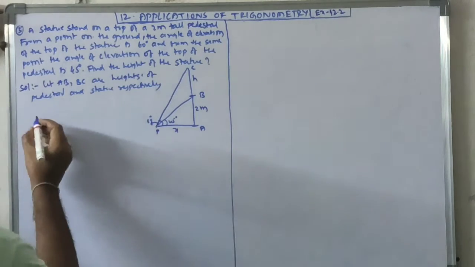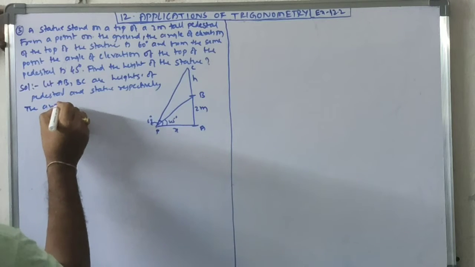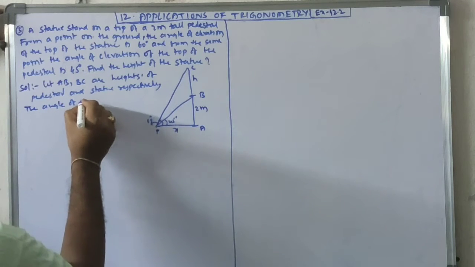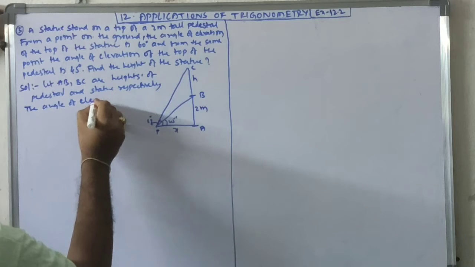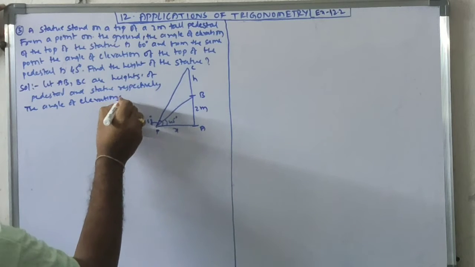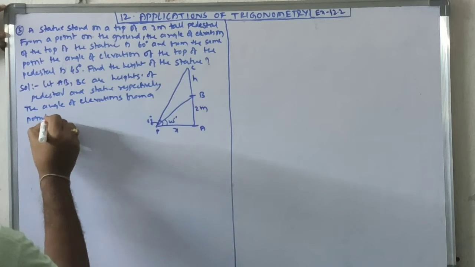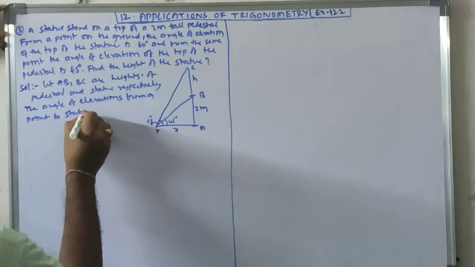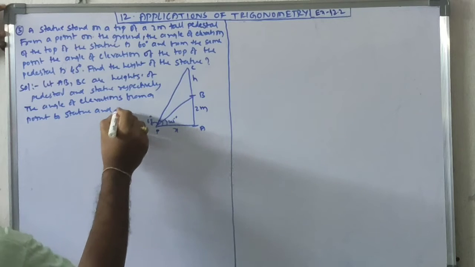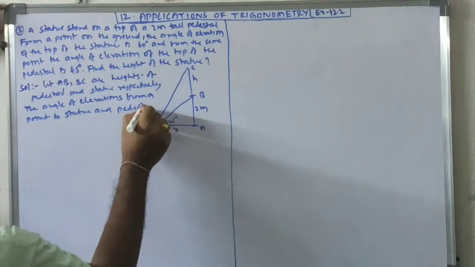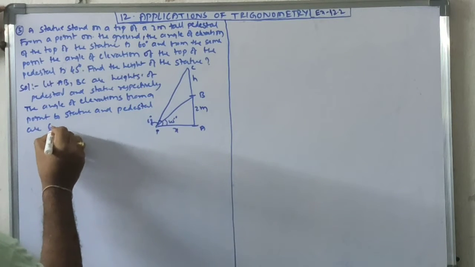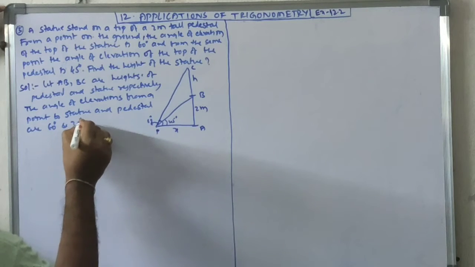Next, the angles of elevation from a point to the statue and pedestal are 60 degrees and 45 degrees respectively.